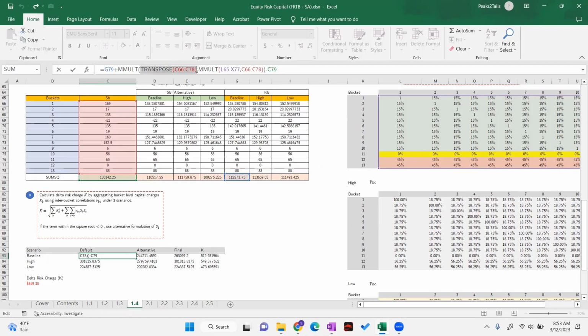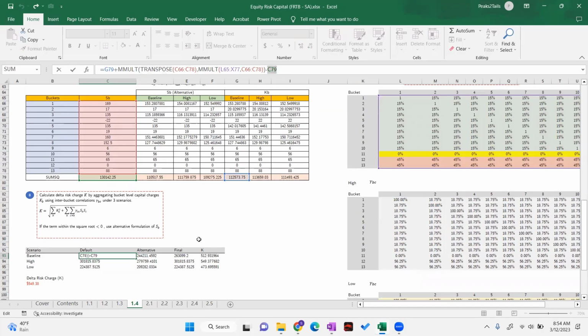SB transpose, correlation matrix. Sorry, yeah, this is the correlation matrix. And again, SB transpose, correlation matrix, SB. Add the sum of KB square, subtract the extra sum of SB square that I added, take that out. So ultimately you have the same formula.